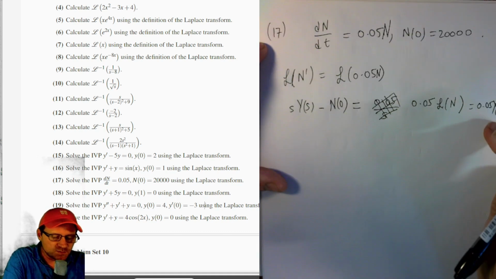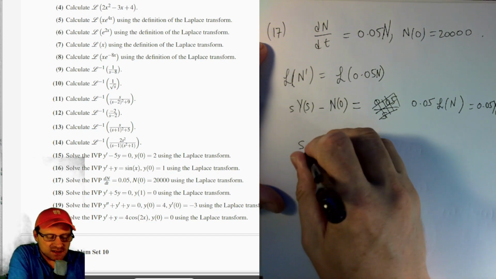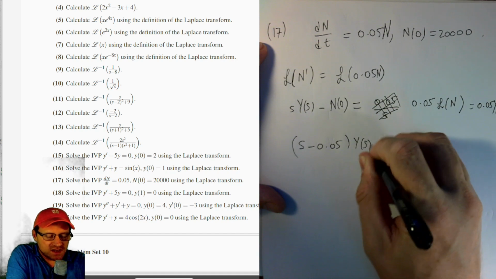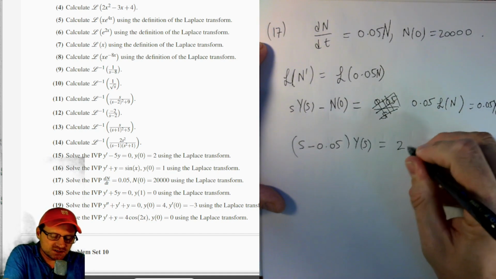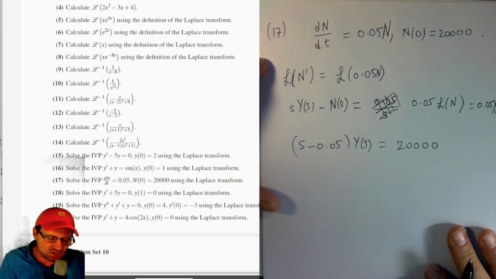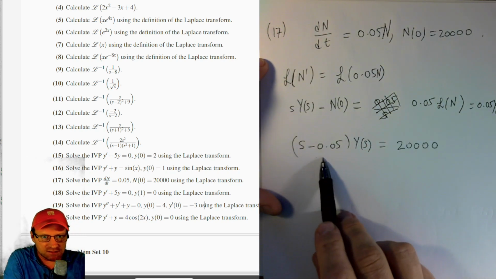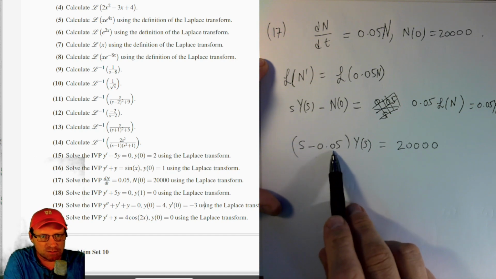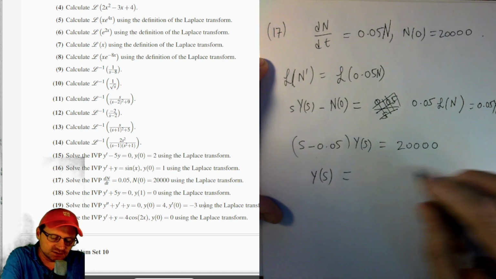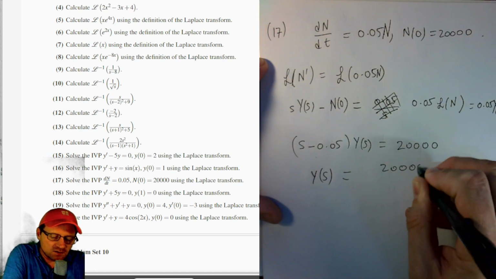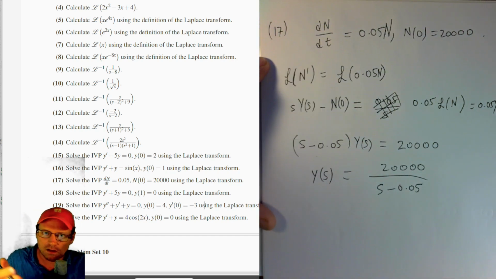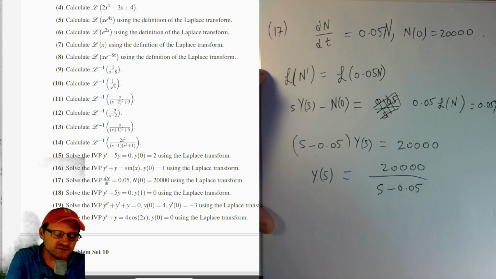Okay, and so let's bring this over to the left-hand side. So we have (s minus 0.05) times Y(s) is equal to N(0), which is 20,000. Okay, great. So continuing, dividing throughout by s minus 0.05, we have Y(s) is equal to 20,000 over s minus 0.05. And now we need to take the inverse Laplace transform of this.